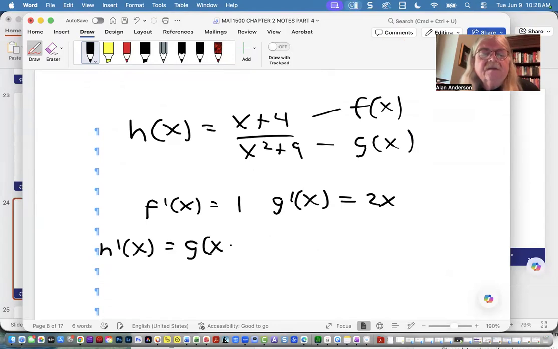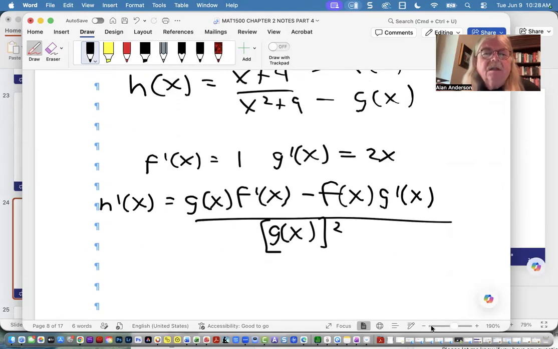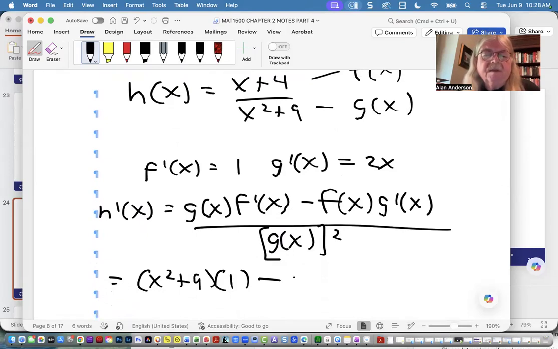So we have, and now we make the substitutions. It'll take a while to memorize this one, but you'll get it. So f of x was x plus 4. G prime of x is 2x.